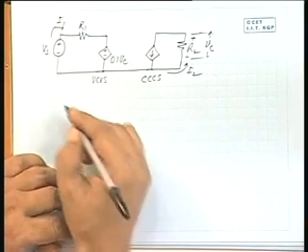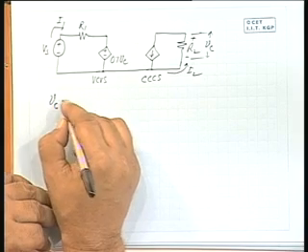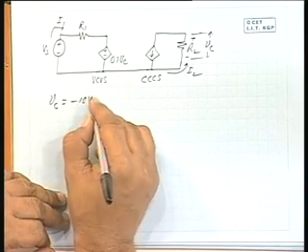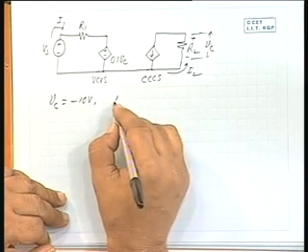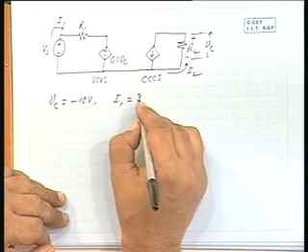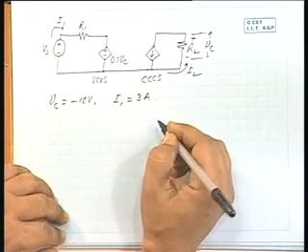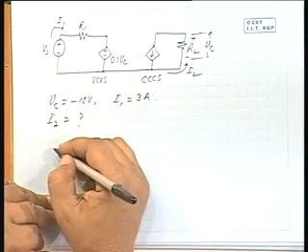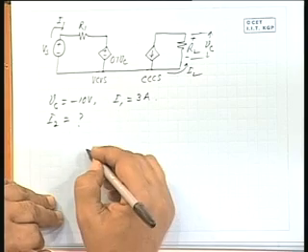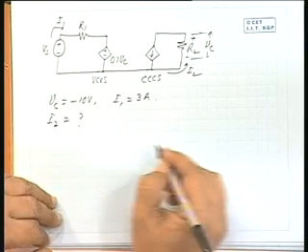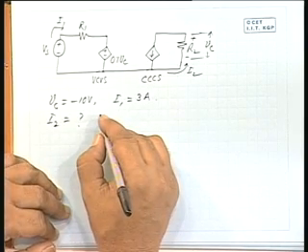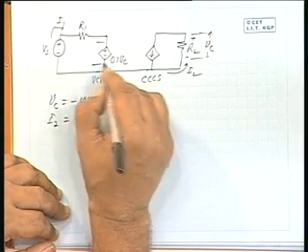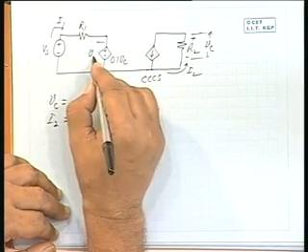Now, you are asked if Vc is equal to minus 10 volts and I1 is equal to 3 amperes, what would be the values of I2 that is flowing through R2 and the voltage of the VCVS, that is what is this voltage V.